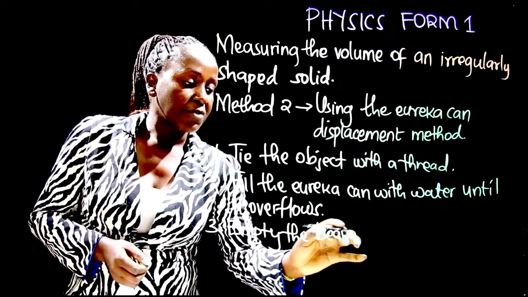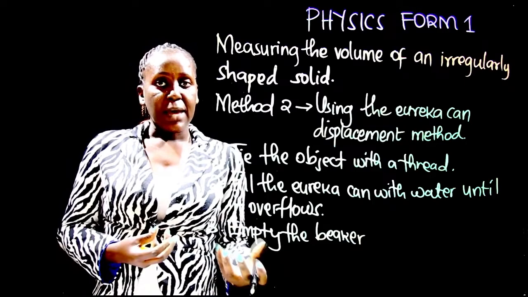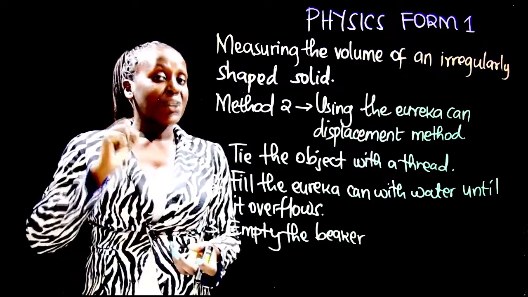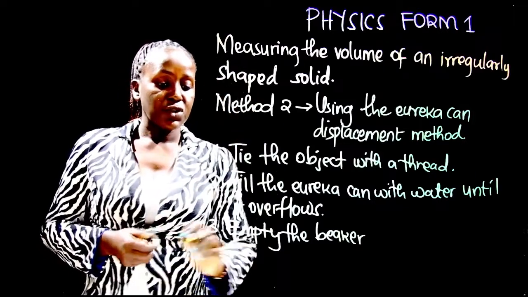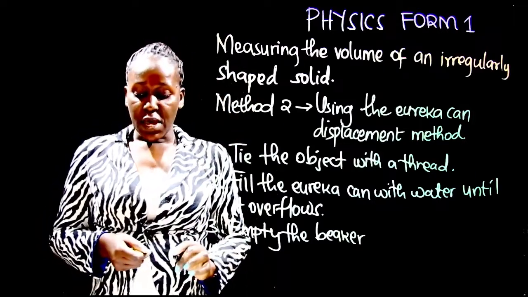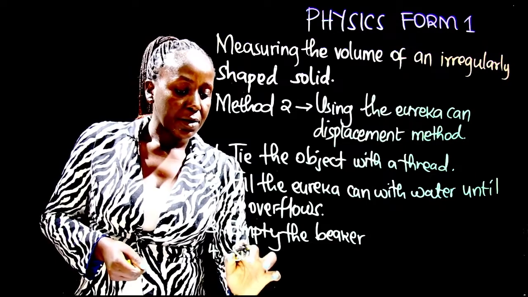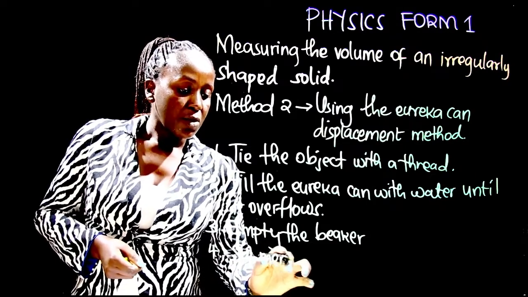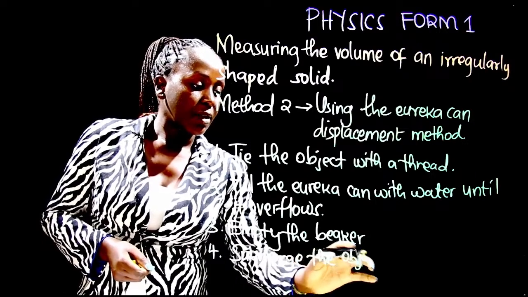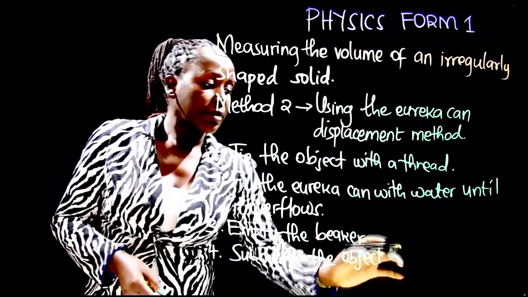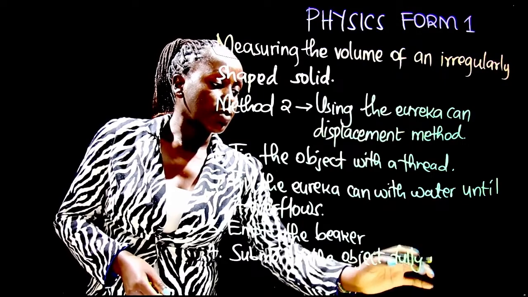Then what do we do after that? Now our beaker is empty, ready to receive the water that will be displaced by our object. So number 4, we submerge the object fully into the water.